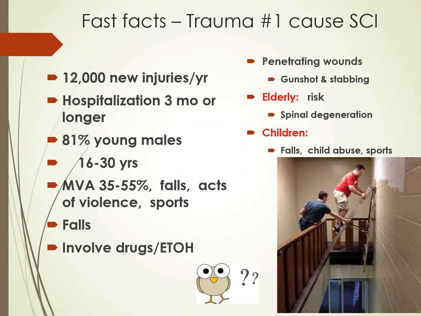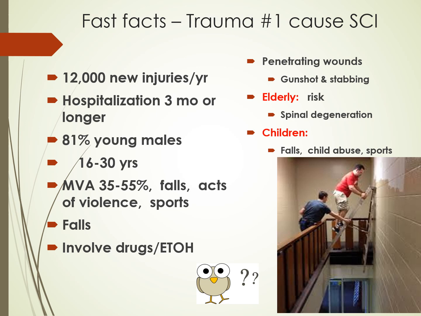Motor vehicle accidents account for 35 to 55%, and then falls have really increased also because of our aging population. With the elderly, we have more geriatrics with their spinal degeneration. There have been more spinal injuries from falls now.